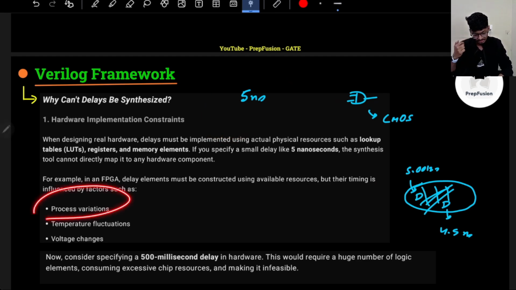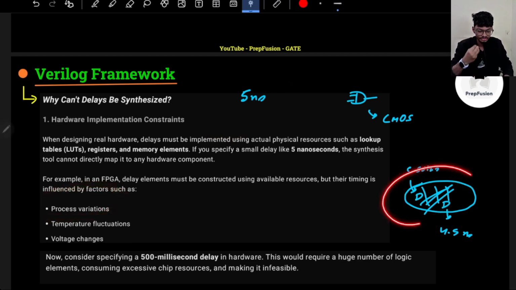Because of the process variations, different AND gates will have different delays. If the temperature changes, how each AND gate reacts will also vary. Obviously not very largely, the variation will be almost similar, but not exactly similar. That is the problem. And if the voltage changes, any high or low voltage changes, then how they will behave, we don't know. Due to all this, it is very difficult.